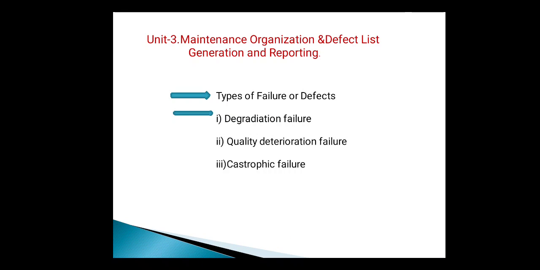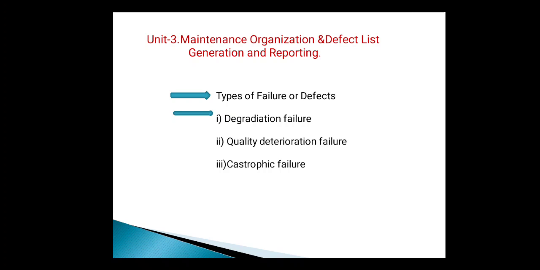Next, moving to the last point of this chapter, some types of failures or defects. They are broadly classified into three types: degradation failure, quality deterioration failure, and catastrophic failure. First, degradation failure. The equipment gradually loses its performance while in use.